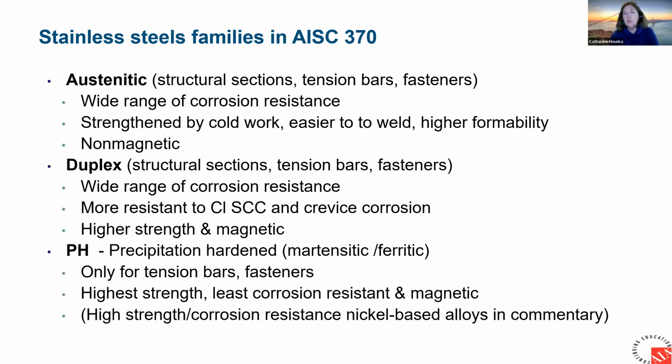I should note in ASCE 8, we also include the austenitics and the duplex stainless steels. The duplexes are a new addition that were not in prior versions, and we also brought it up to the state-of-the-art knowledge of structural stainless steel in ASCE 8, which hopefully will be published soon.